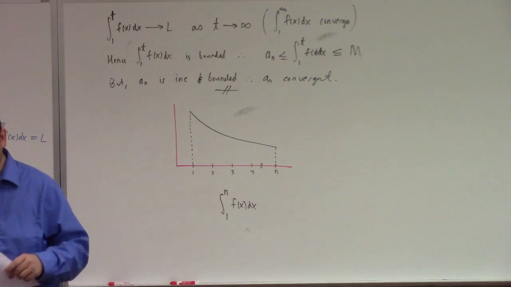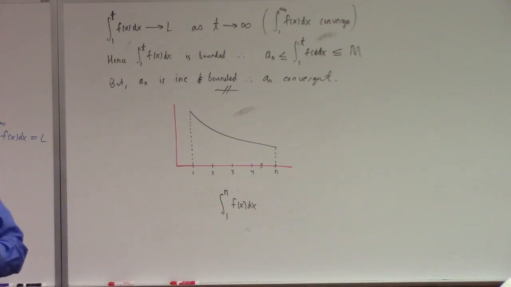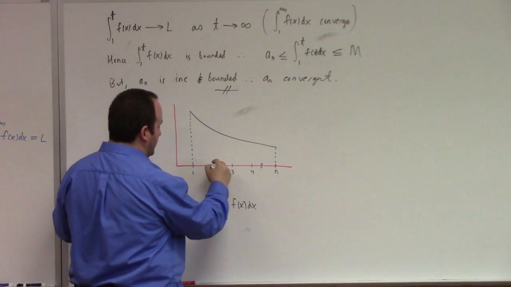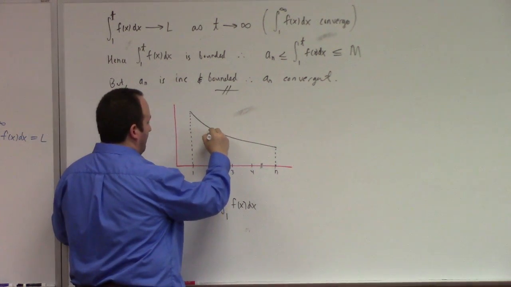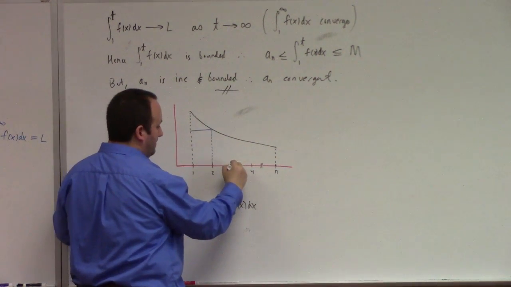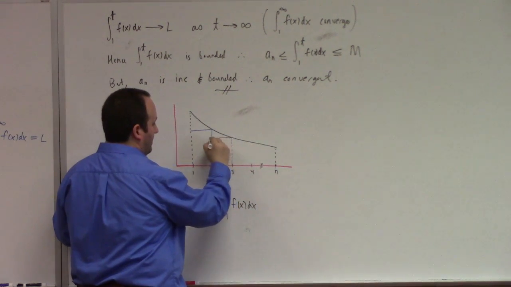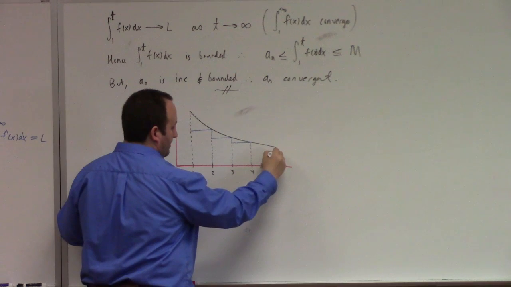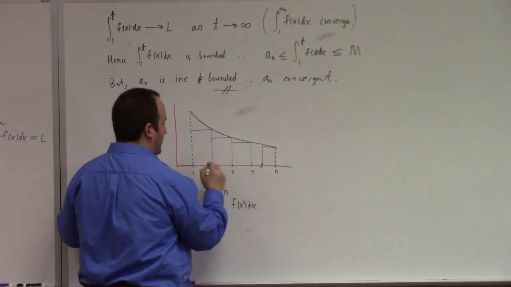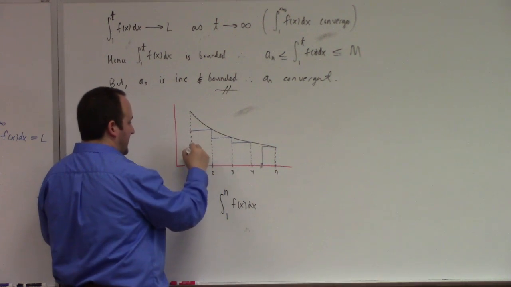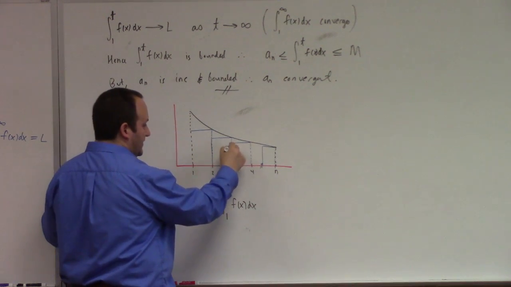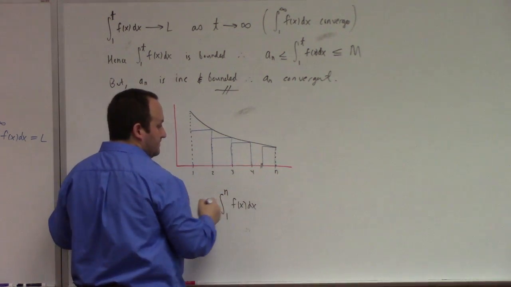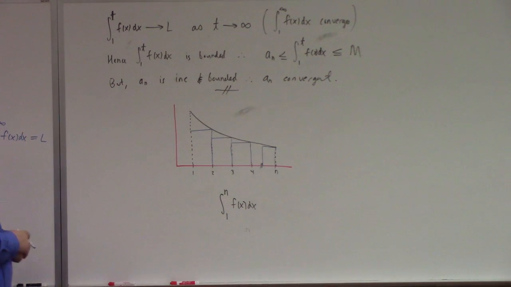But then you can envision partial sums in terms of explicit diagrams of boxes, right? Like, for example, if I look at this guy. I'm using again that the function is positive and decreasing to draw this picture.